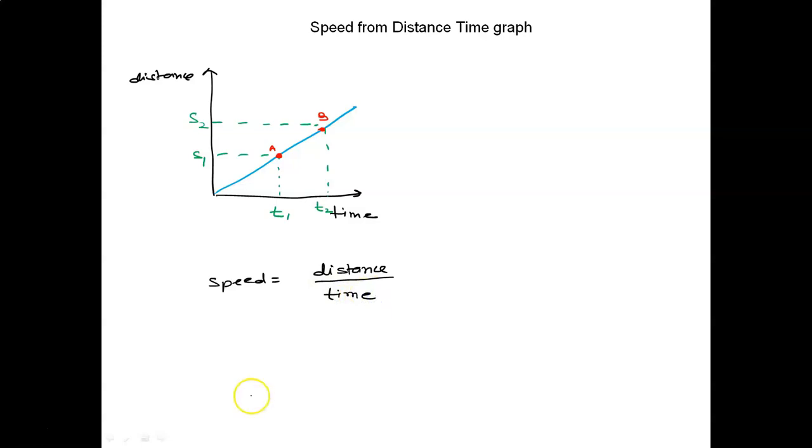Here if I say in time interval t1 to t2, what is the distance? I hope all of you will say s2 minus s1. I am writing here so you can correlate. Distance covered is here s2 minus s1, and time covered is t2 minus t1. In this time interval, this is the distance covered. So this is our formula for speed.